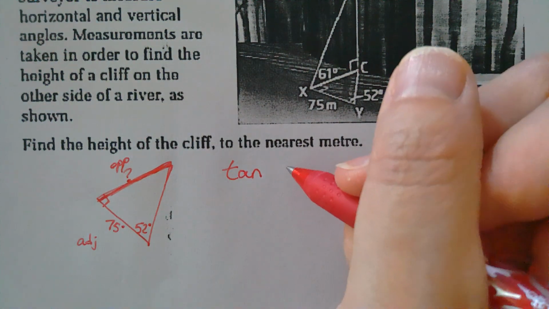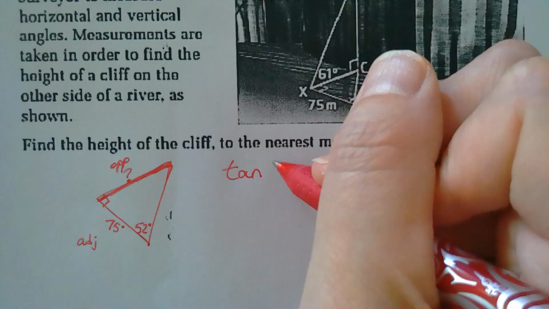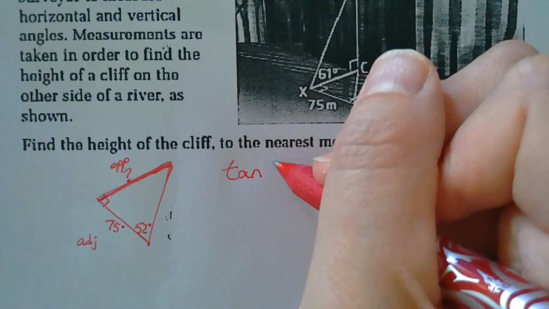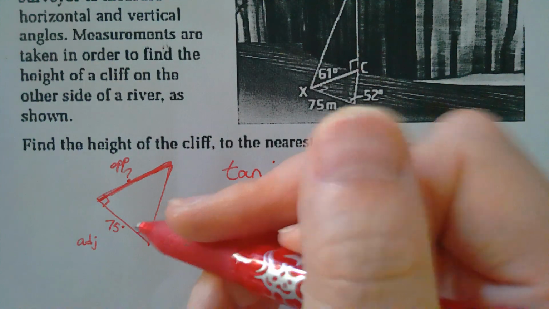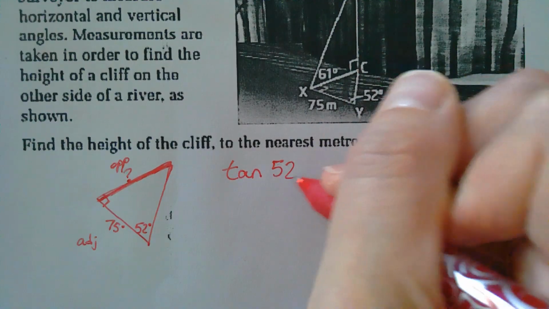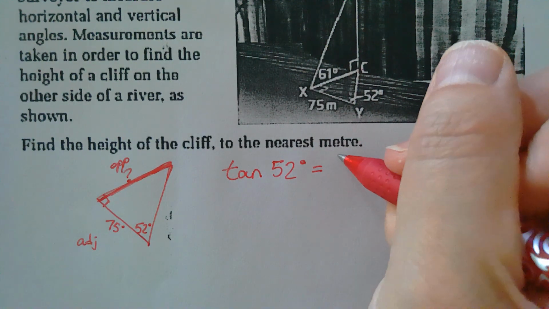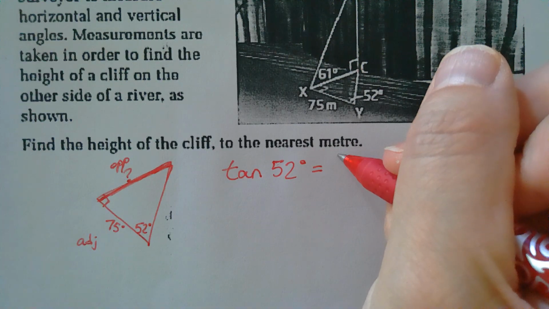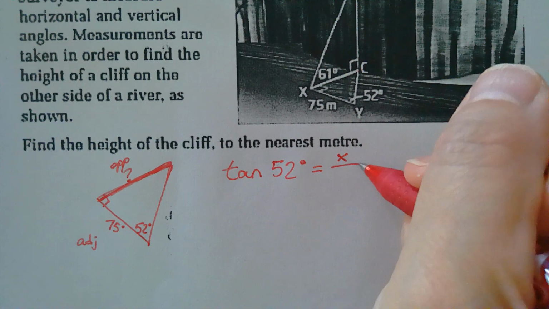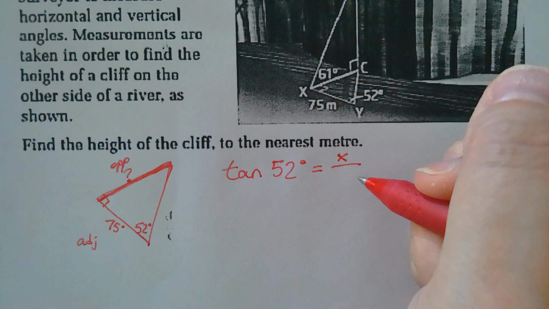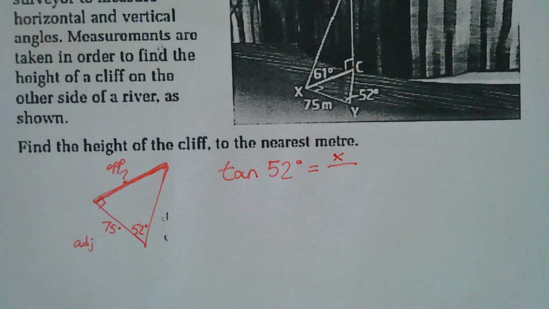Elisa, you set this up for me. Tangent. Do we know the angle? Yep, it is 52. Equals opposite over adjacent. Adjacent is 75.